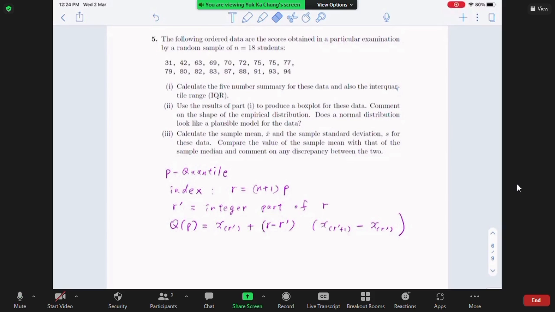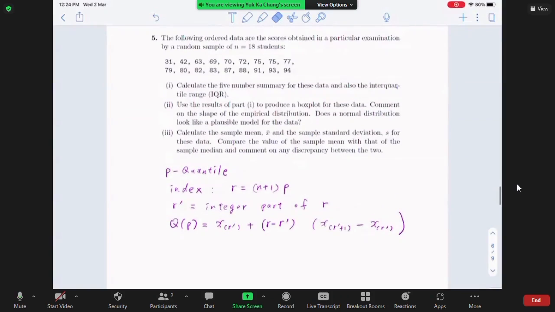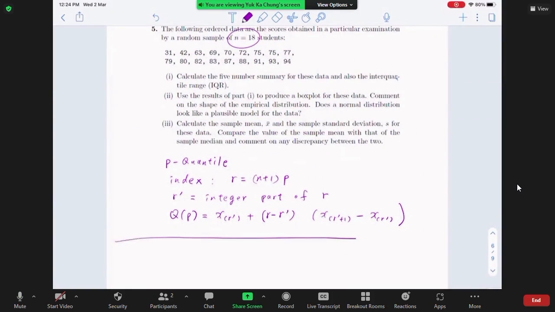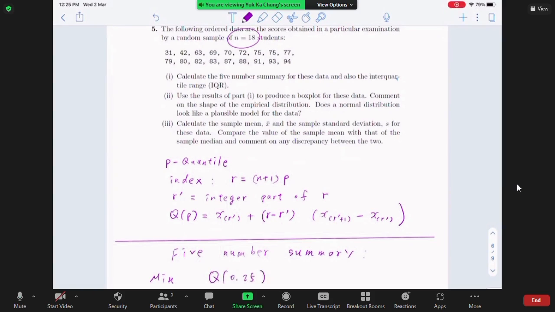On the 75 quantile. These 5 numbers are the 5-number summary.